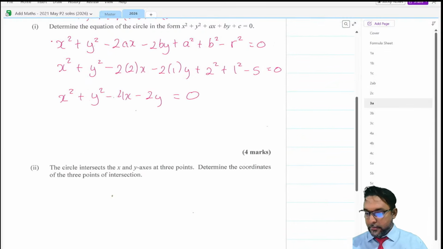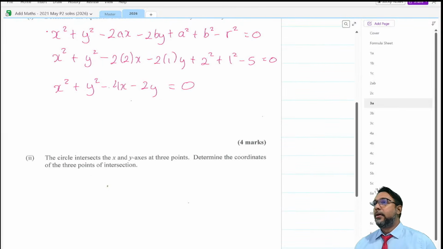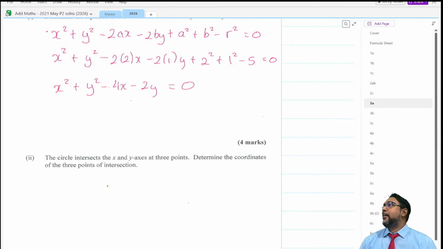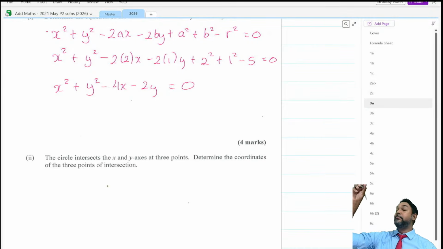But it said 3 points of intersection, and tangent is not intersection. Okay, so if they ask you about how you deal with tangents, that's a good question. Hold on. If it's tangent to the x-axis, the equation of the x-axis is y equal to 0. So same thing, what would happen?